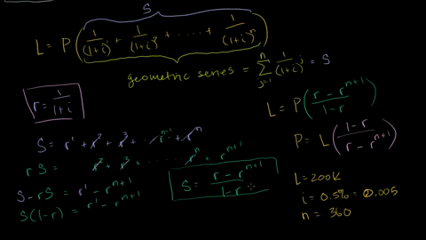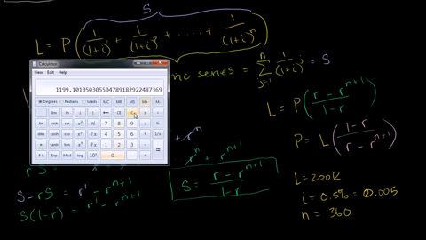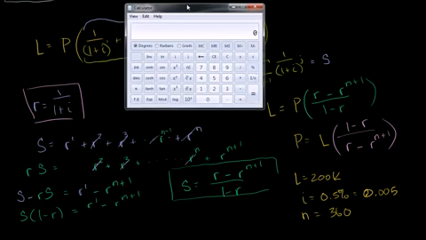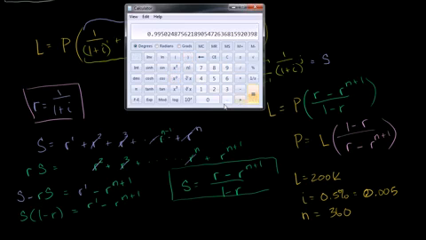So the first thing we want to figure out is what our r value is. So r is 1 over 1 plus i. So it's 1 divided by 1 plus 0.005. That's what our monthly interest is, 0.5%. And close parentheses, and that is equal to 0.995.